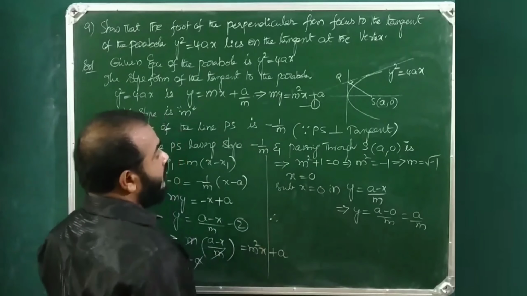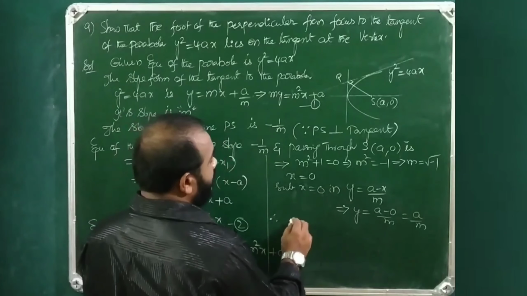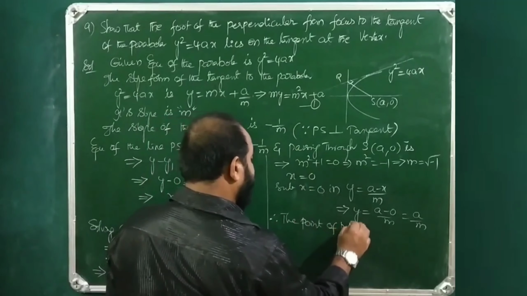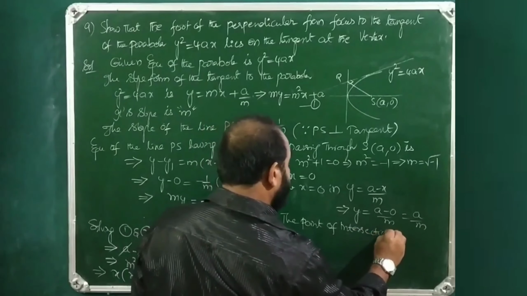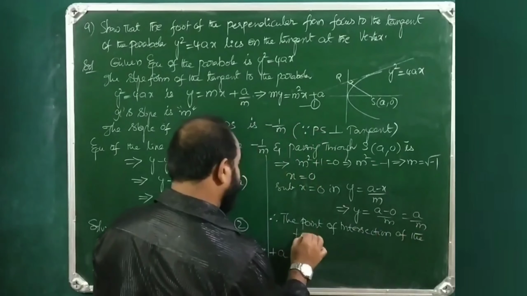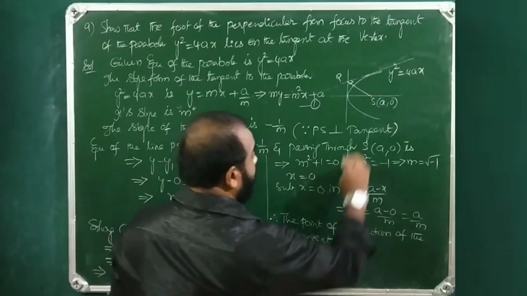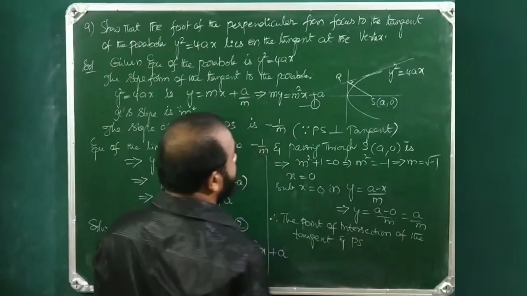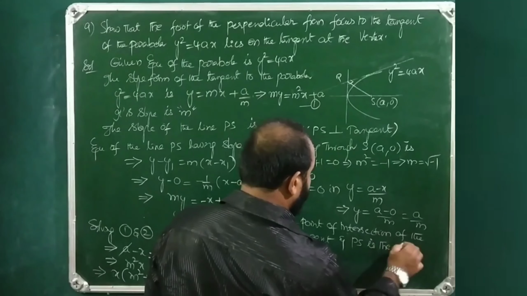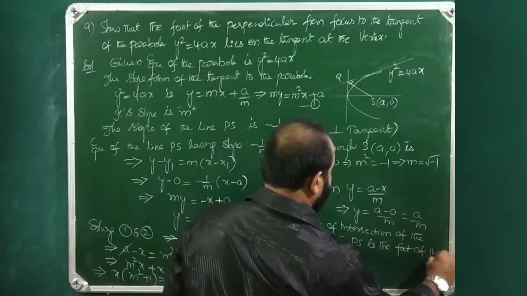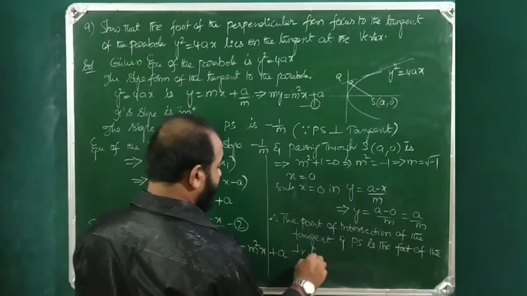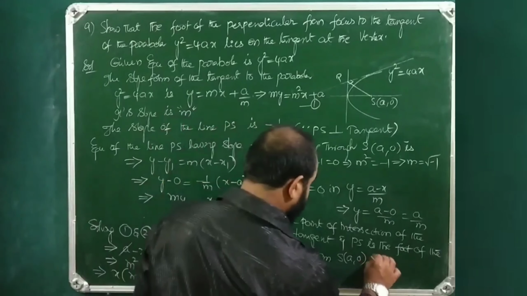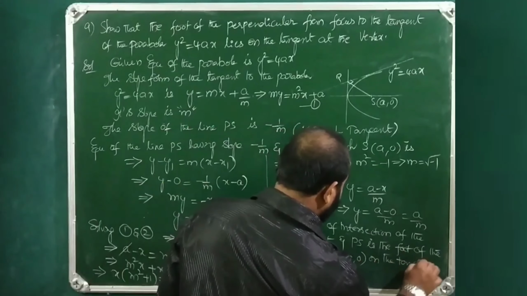Therefore, the point of intersection of this tangent and PS is the foot of the perpendicular from S a comma 0 on the tangent.